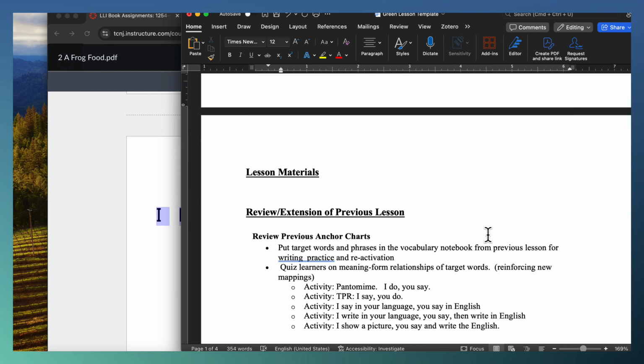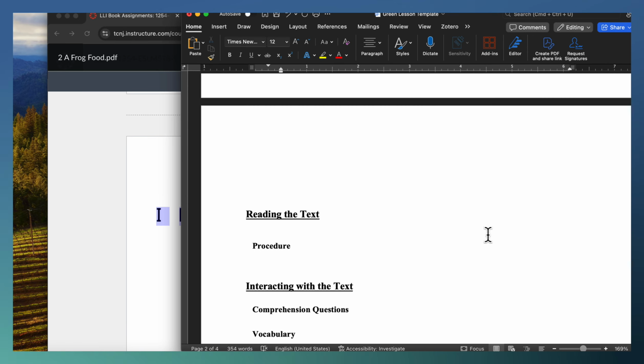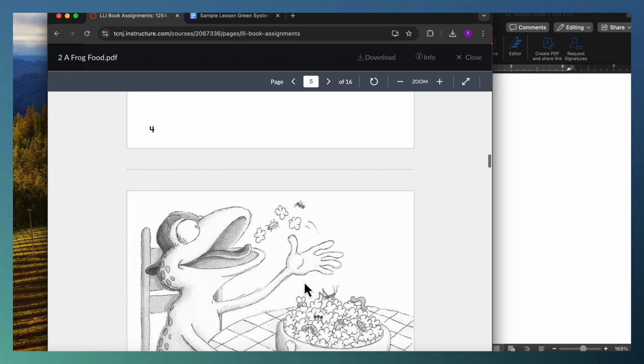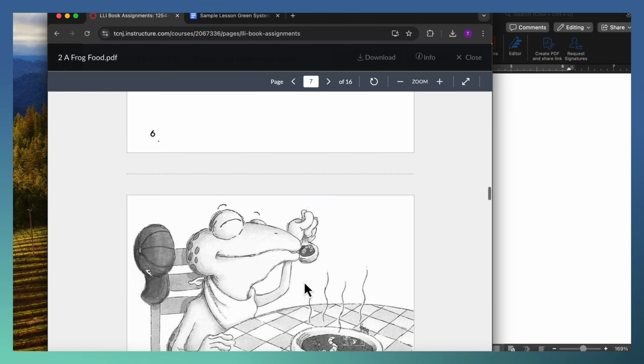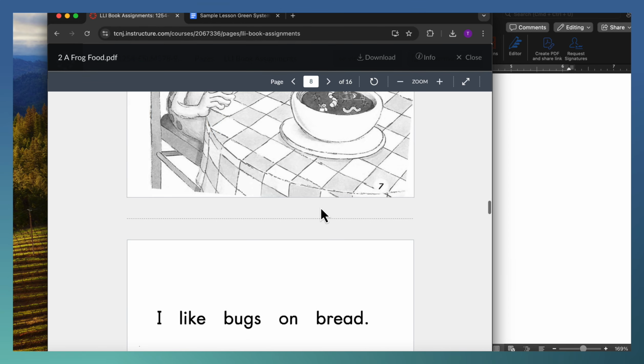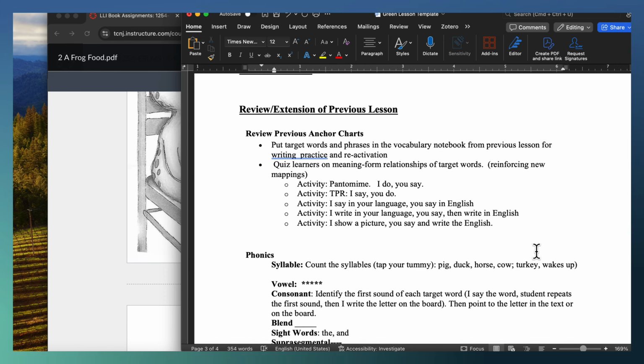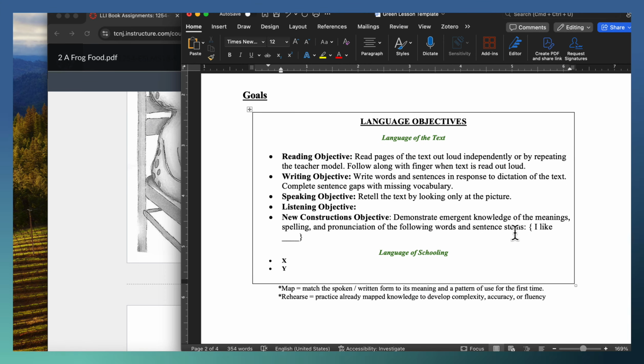And then I can start asking people, do they like bugs on pancakes? Do they like bugs on popcorn? Right? And we're going to learn all of these words: popcorn, bread, bugs, soup. All that stuff is going to be put here. Corn, bread, bugs, soup. I like. Okay.